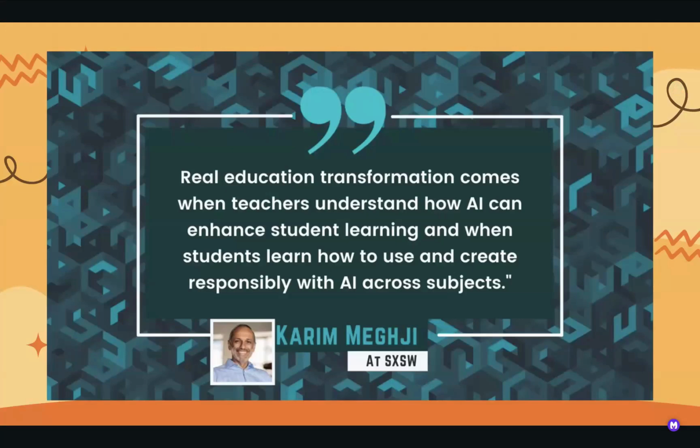And then once we've moved to using AI as a tool or resource to help us leverage and change our learning and make it stronger and collaborate with it, that's where we get to this part of transforming what education looks like. And I found this quote on X the other day, and I was like, this is just perfect. This is what we're talking about. So you'll see here, students, once they have that understanding, can really learn how to use it and create responsibly.